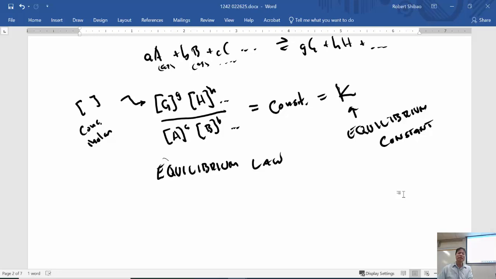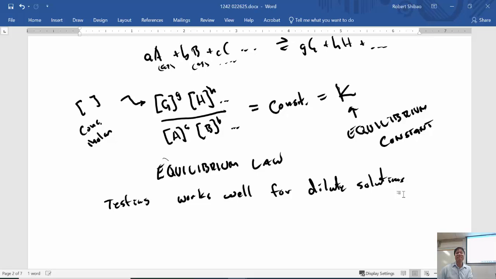And through testing, it works well for dilute solutions of lower charge.